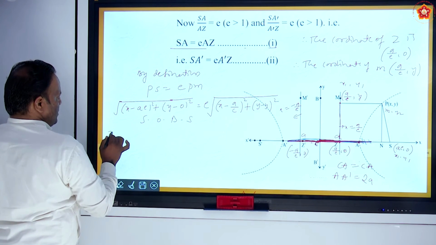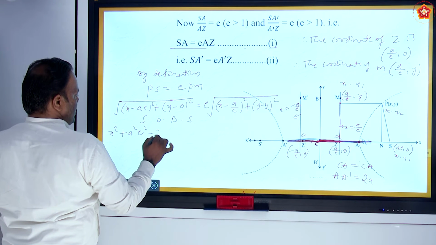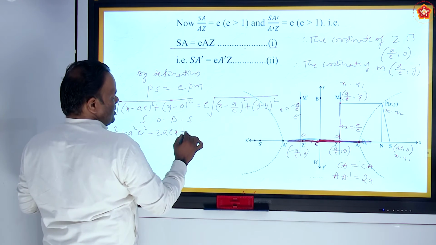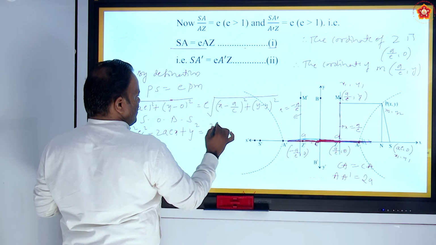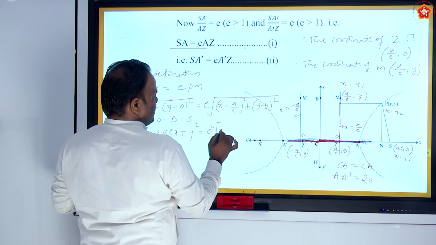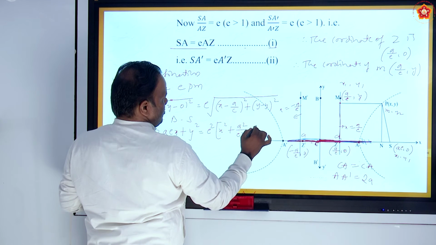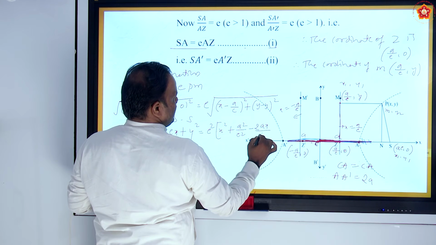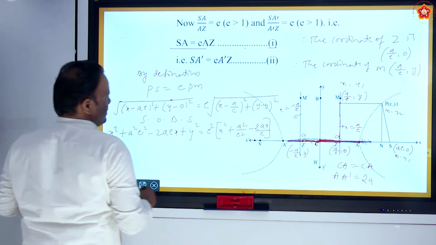A minus b whole square: a square plus b square minus 2ab. Here x square plus a square e square minus 2aex. Y minus 0 is y, y square, equal to e square bracket, x square plus a square by e square minus 2ax by e. Y minus y, 0, 0 square is 0, no need to write.